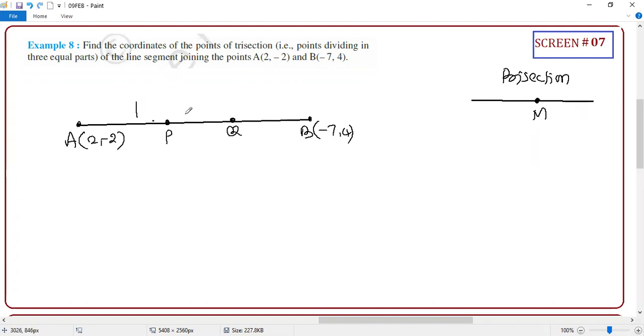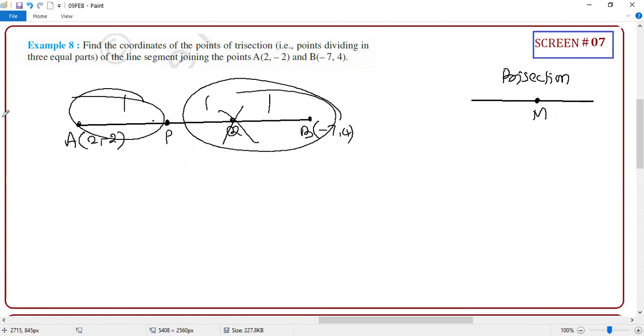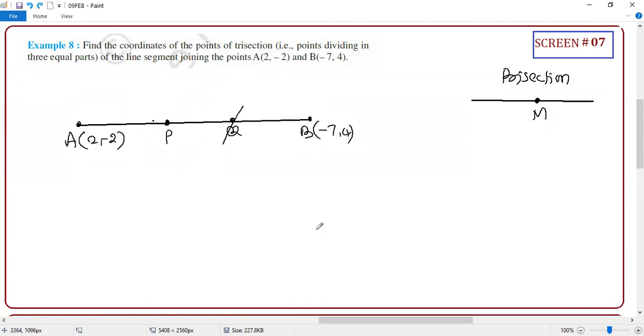So if I put the ratio 1, 1, 1, you can say like that. But with respect to AB, can anyone tell me what will be the ratio? If I put 1, 1, 1, it means this side 2, this side 1. Agree with me or not? Can I write 1:2, students?